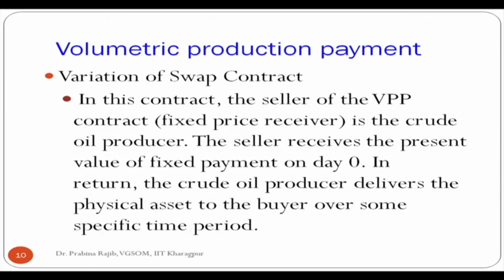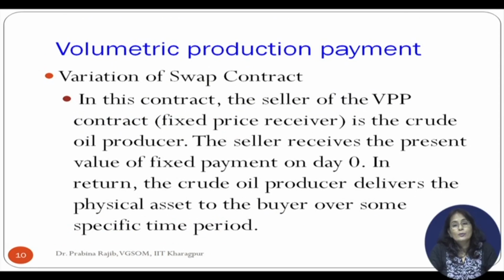Okay, now let's focus on a contract called a volumetric production payment contract, or VPP contract, and this contract is nothing but a swap contract. In case of a regular swap contract, if you recall, the crude oil producer receives the fixed payment every, let's say, 2 months.